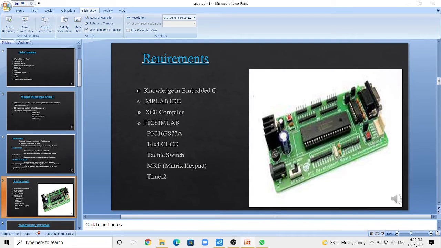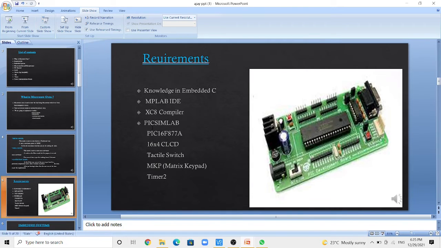Okay, PICSimLab. From the name itself, it can have a PIC microcontroller, the exact microcontroller which is used to implement the microwave oven. In this project, we can use PICSimLab to design a microwave oven. In PICSimLab, we can take a particular microcontroller.